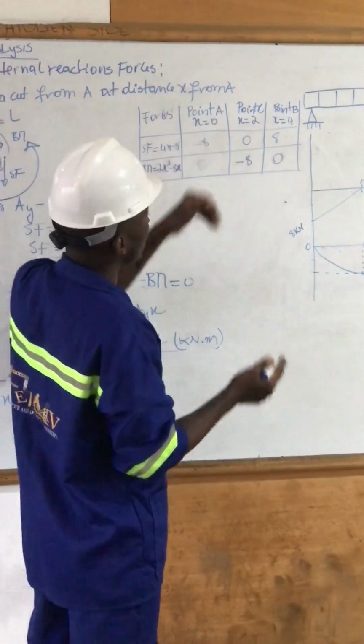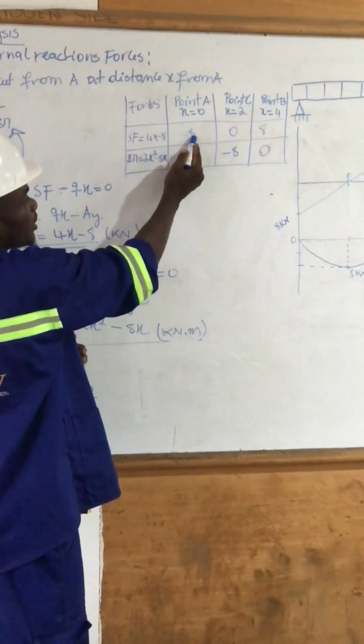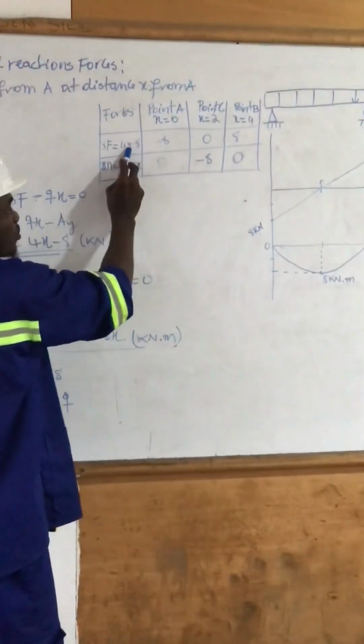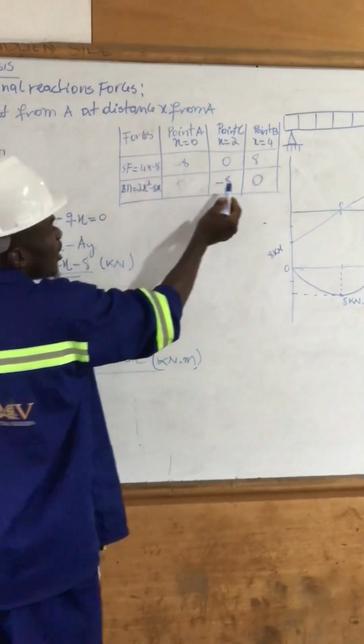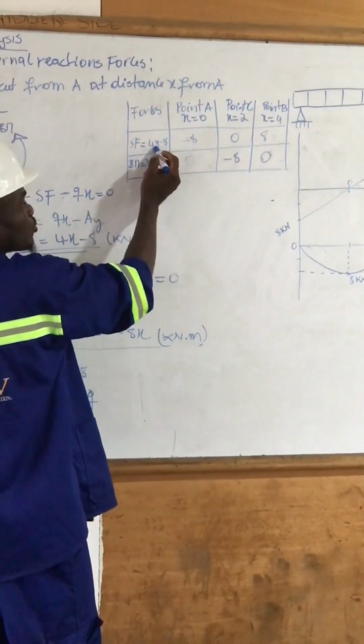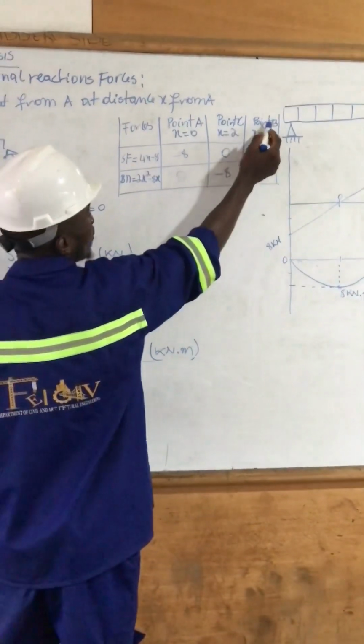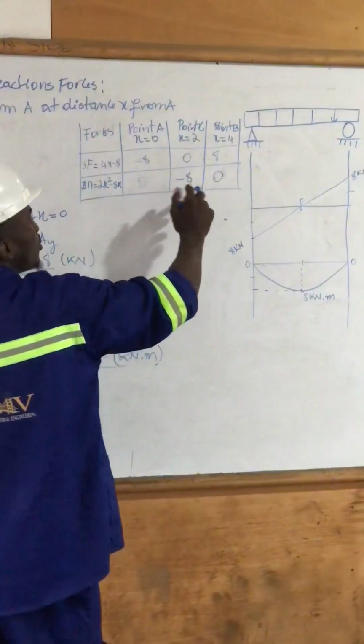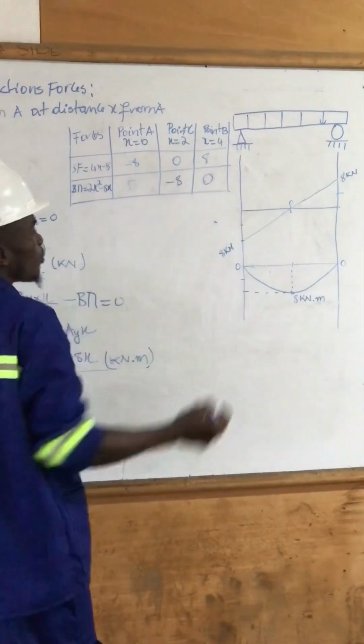If you substitute x by 0, you have negative 8 here, and at point C, x equal to 2, you have 0. At x equal to 4, point B, the other extremity of our structure, you have the shear force equal to 8.